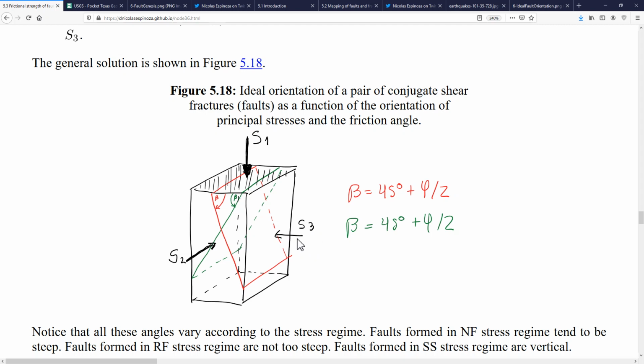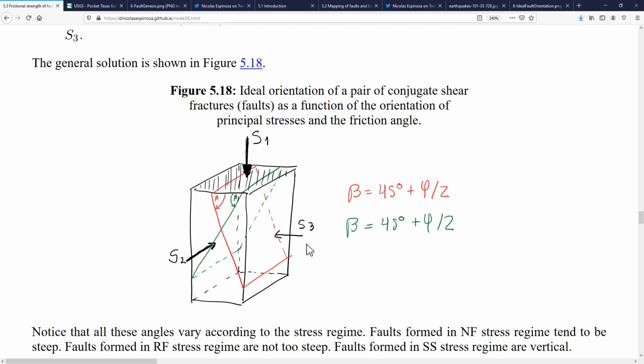This is the direction at which the ideal fracture is going to form in 3 dimensions. It's not going to occur at any other orientation, even with beta being the same, because that is not the case for the least amount of energy when this block moves and fails. The configuration that grants the least amount of energy is the one with the strike perpendicular to S3.